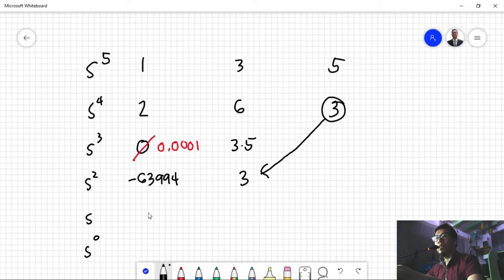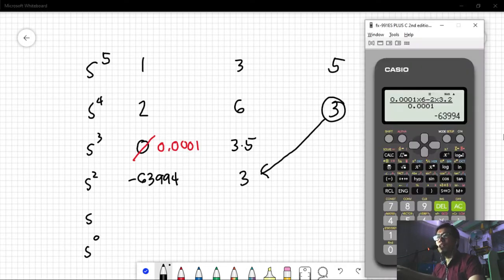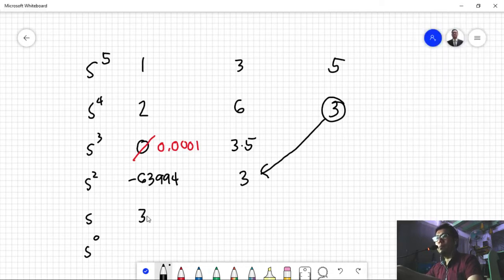Now in this case this becomes negative 63,994 times 3.5, minus 3 times 0.0001 divided by negative 63,994. That should give us 3.5. Okay, positive 3.5. So you would have 3.5 here.